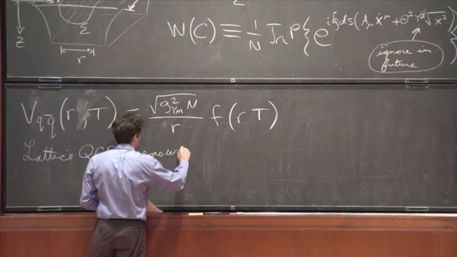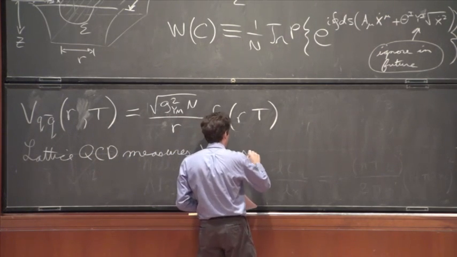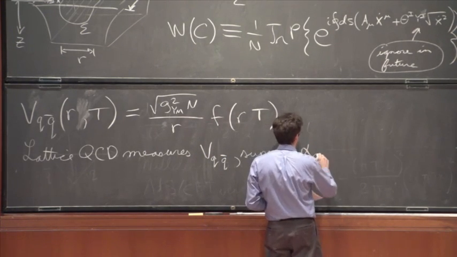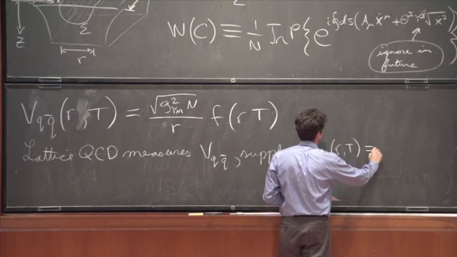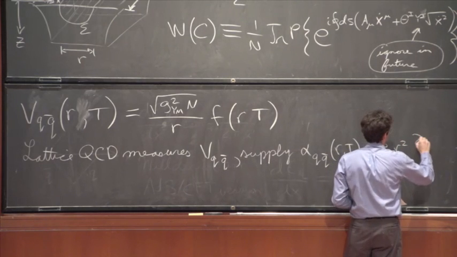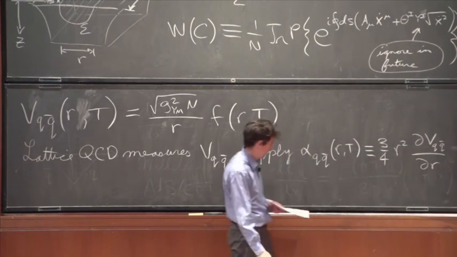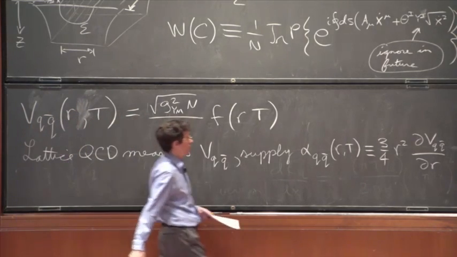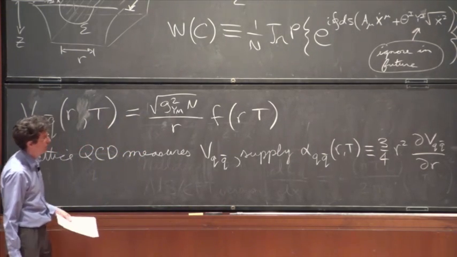So we might say, in summary, that they measure V_QQbar, and they usually quote it not in terms of V_QQbar itself, but instead in terms of something they call alpha_QQbar, also a function of R and T, and it's defined as 3/4 R squared times the derivative of V_QQbar times R. So essentially, this is the force between the quark and the antiquark, but the little factor of R squared here is present in order to make it constant for a Coulombic potential.